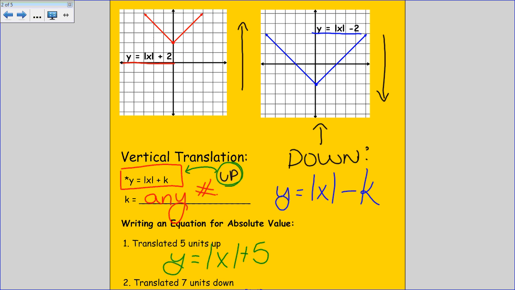The second example asks for an equation when it's translated 7 units down. Well, we also have an equation for when it's going down that we can plug into. So in this one, it would just be y equals the absolute value of x minus 7 because it's going down.